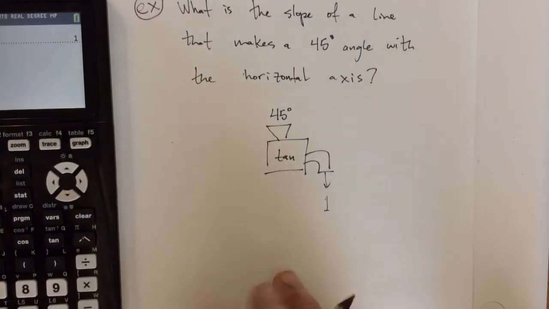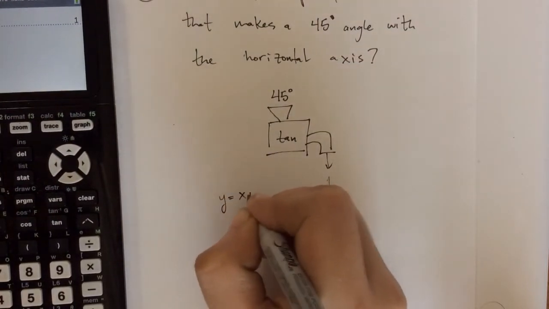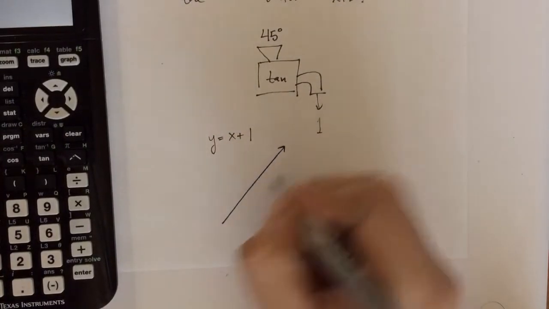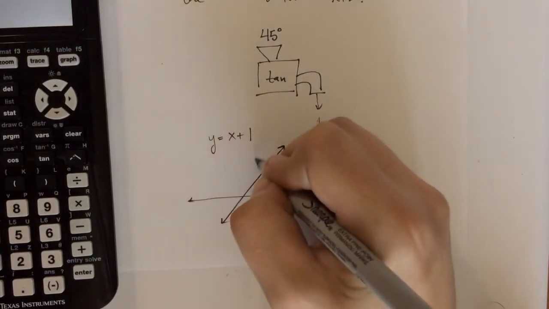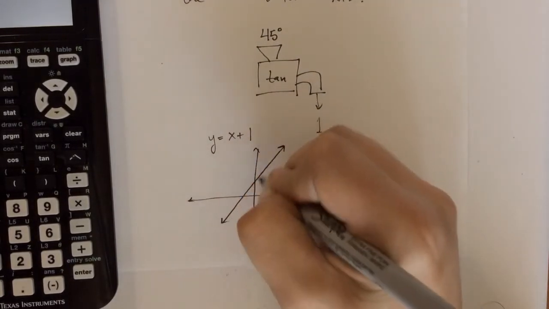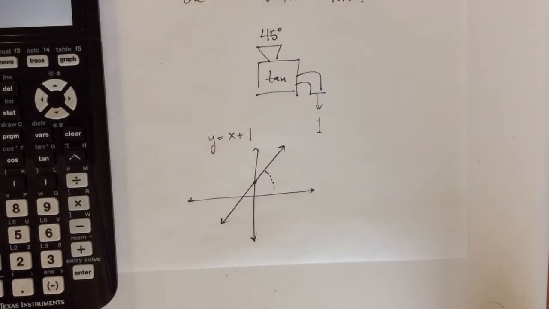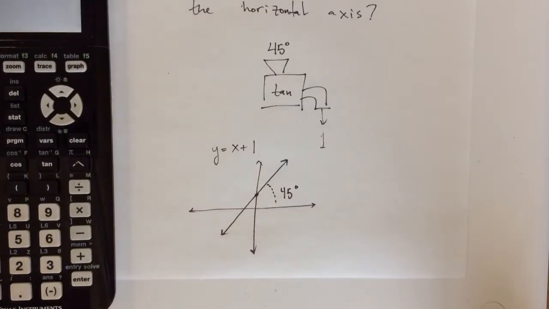So for instance, the line that I just used, y equals x plus 1, had a slope of 1, and you saw when we graphed it that this angle it makes with the horizontal axis is 45 degrees. Okay?